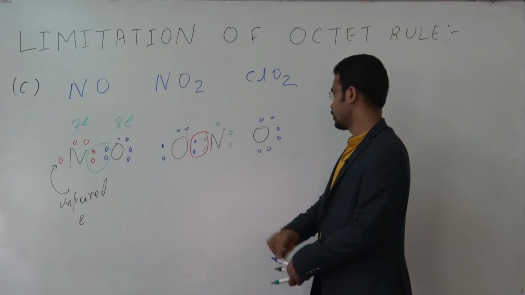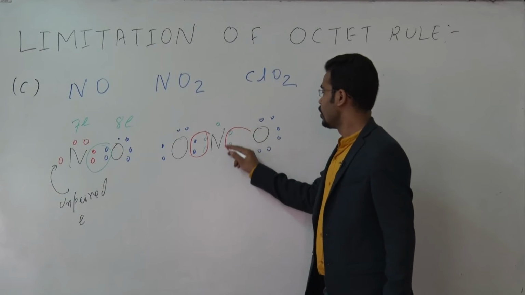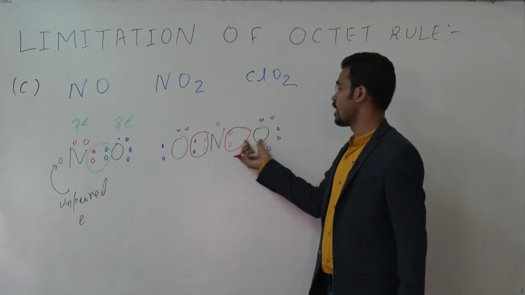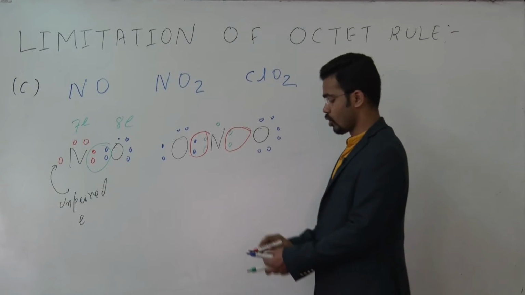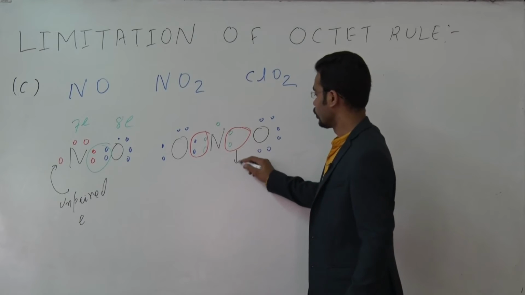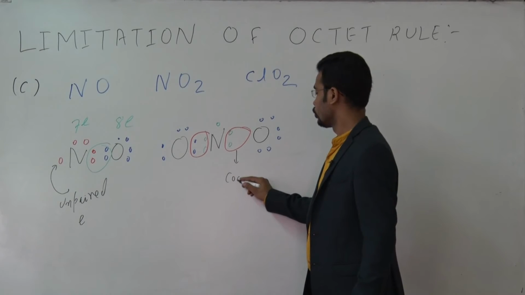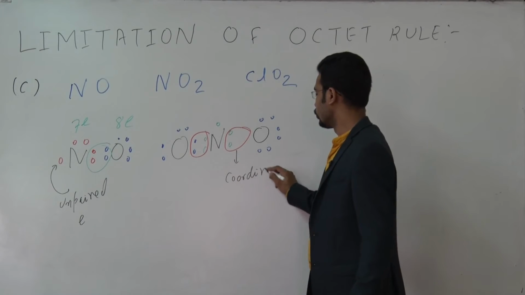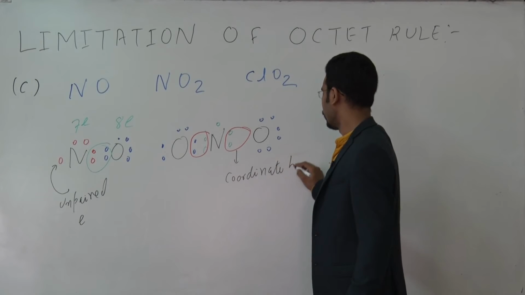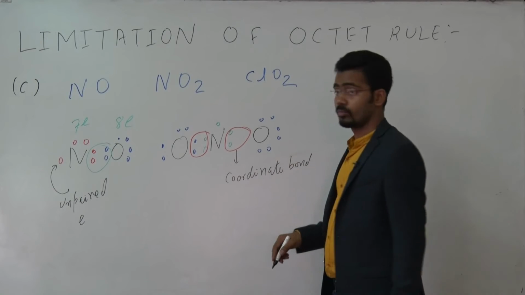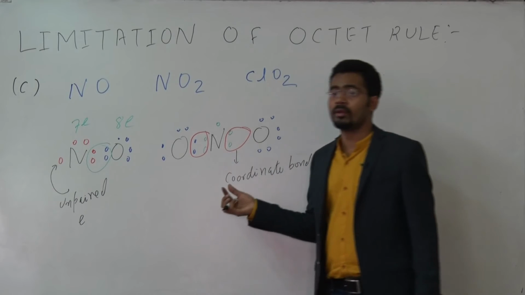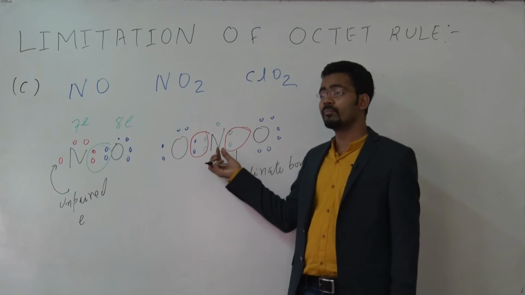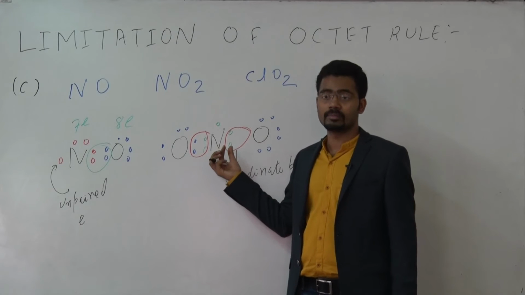So mind it, only 2 electrons are shared between nitrogen and oxygen. And this bond is called which bond? Coordinate bond. Because it is formed by sharing of 2 electrons, but the shared electrons come from 1 atom, nitrogen.